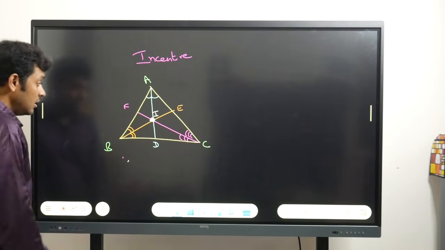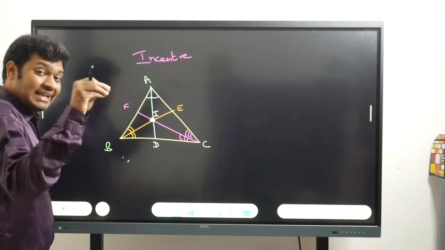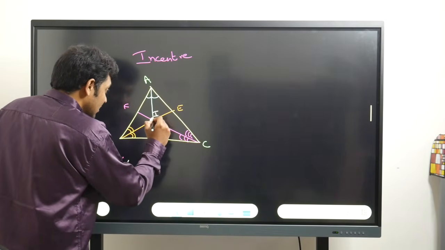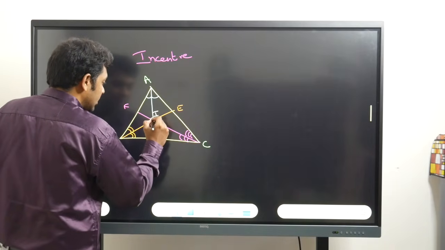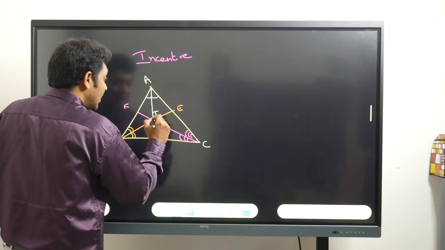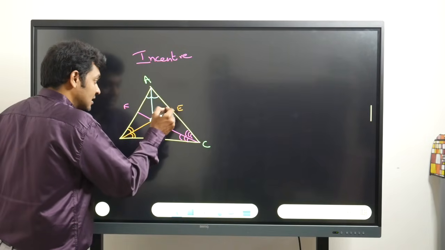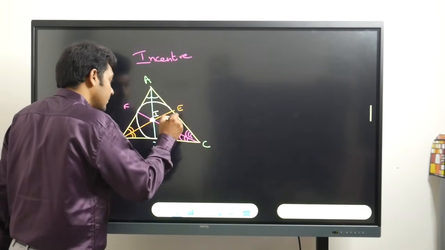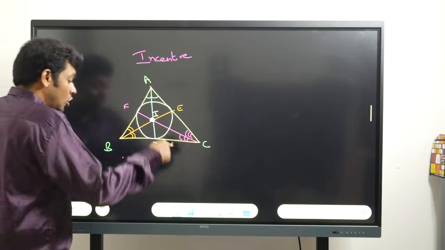Now always remember, the Incentre is inside. So I can draw a circle with this center, and that circle will be inscribed in the triangle. If I draw a circle with this center, that circle will touch all three sides.